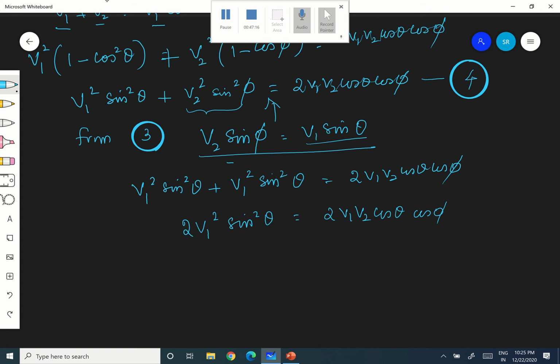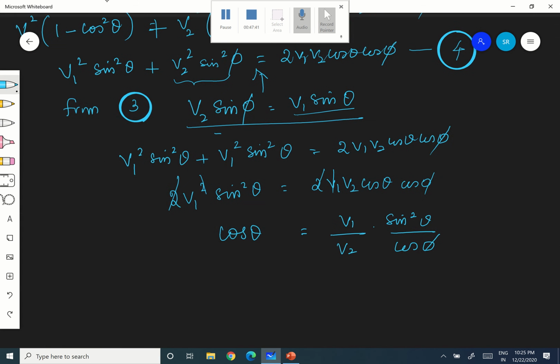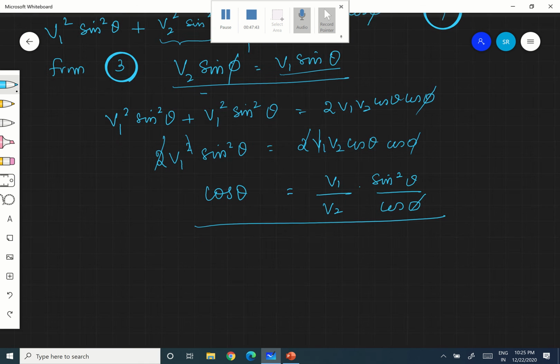Therefore from this, 2 will get cancelled, v1 will get cancelled. Therefore what is your cos theta? Cos theta is nothing but v1 by v2 into sin squared theta divided by cos phi, from this. Is it clear? Therefore you are getting like this, right?